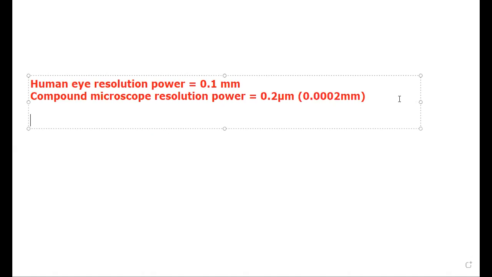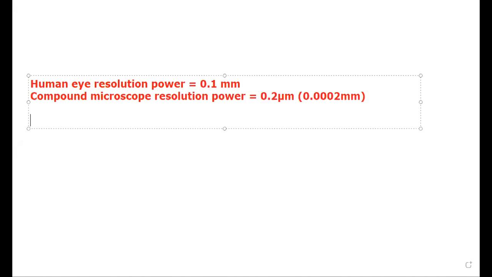If you take 0.1 millimeter and 0.0002 millimeter, in these two, which one is the smaller value? 0.0002 millimeter. Agree? Yes. Our eye can see only 0.1 millimeter; smaller than that, you can't see.